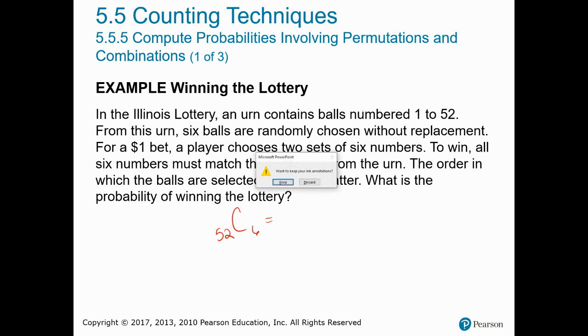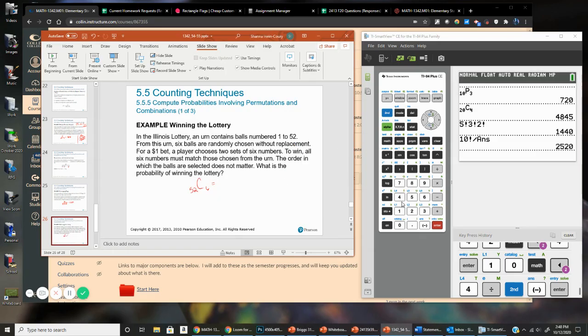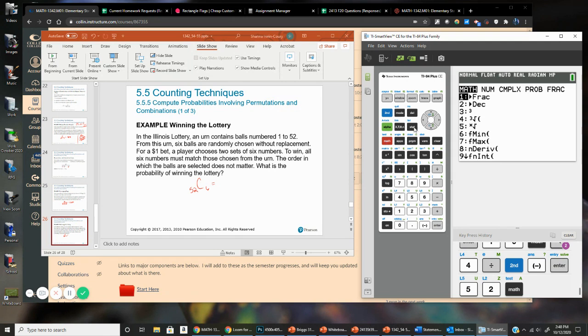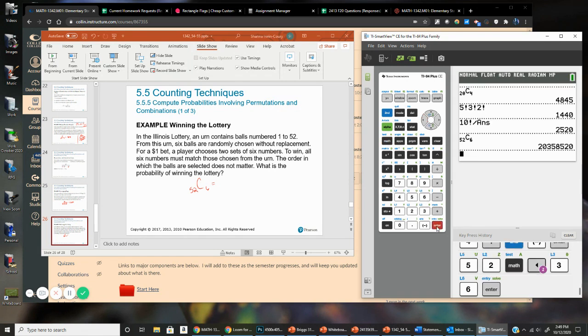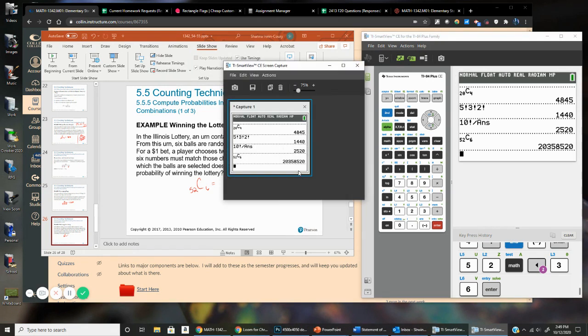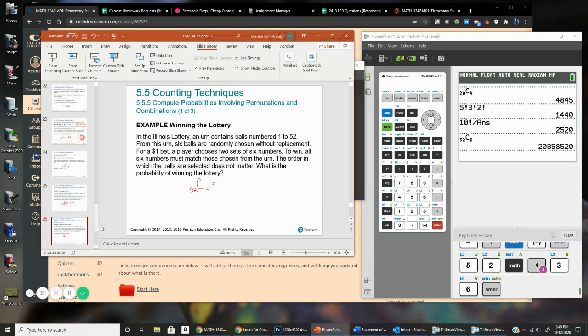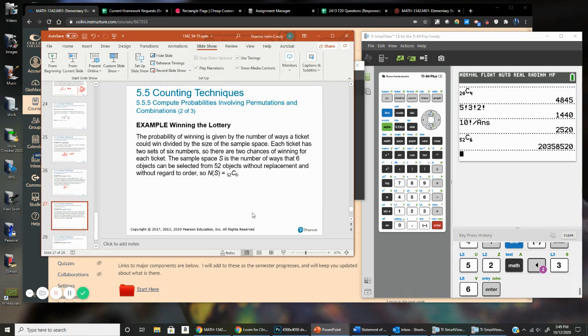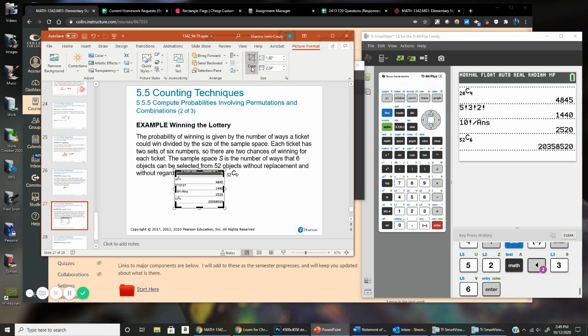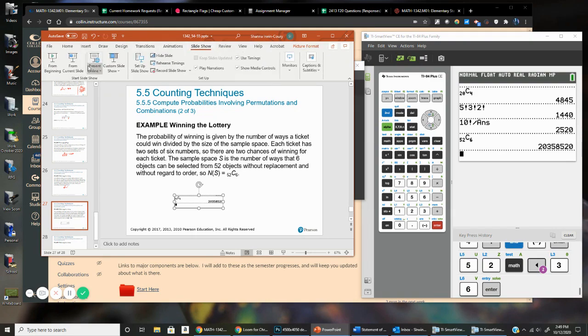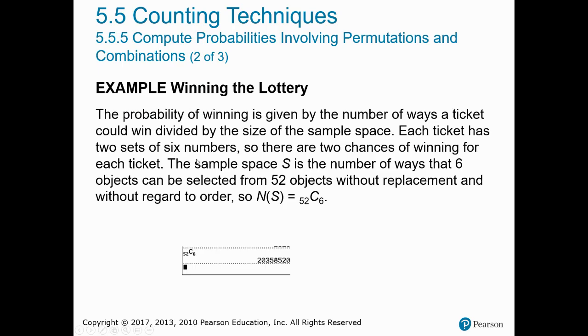So 52 choose 6. Okay, so that's the total number of ticket possibilities.